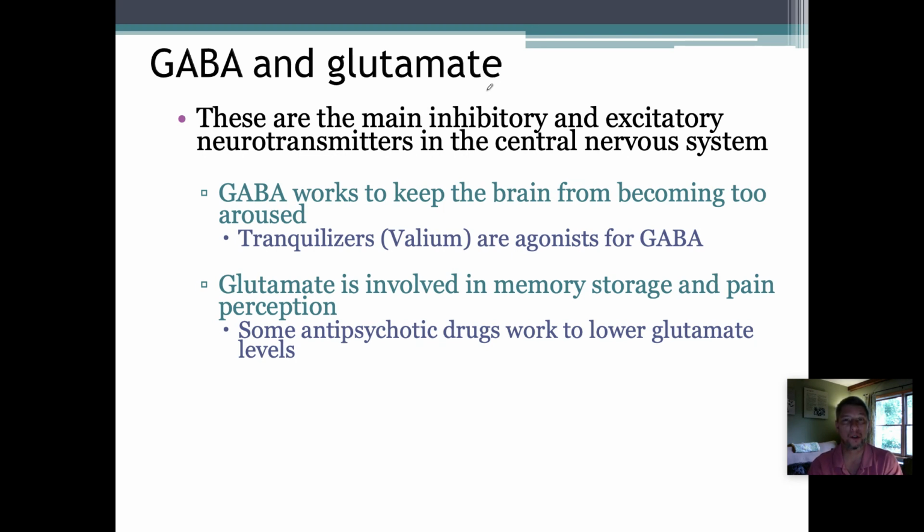They encourage the work that GABA does, and they allow it to function more properly, and they bring the mental state from a very excited state down to a more level state, if you will. Glutamate, on the other hand, is a neurotransmitter that's involved in memory storage and pain perception.